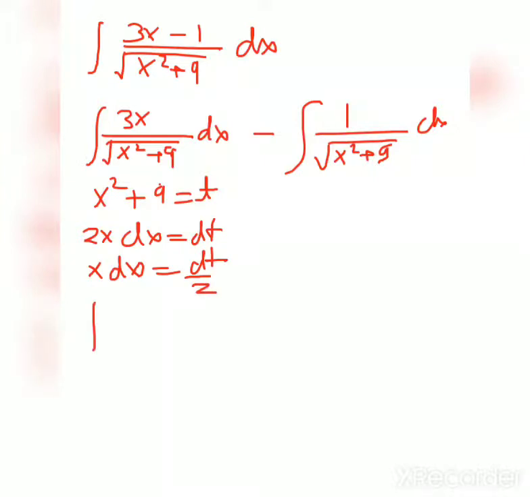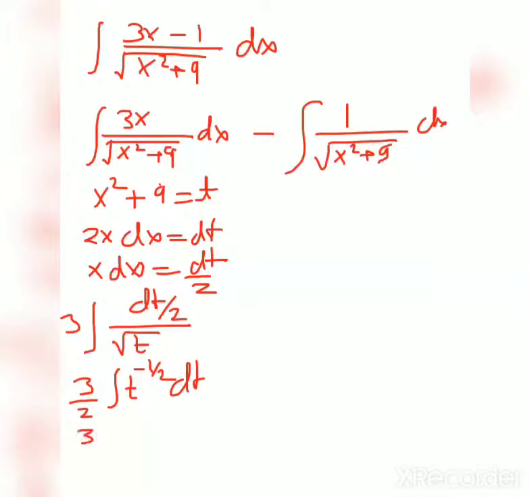So it will become 3, I am taking separate, x dx can be written as dt by 2 upon under root t. So 3 by 2 integral t to power minus 1 by 2 dt, which is 3 by 2 times t to power minus 1 by 2 plus 1 upon minus 1 by 2 plus 1.